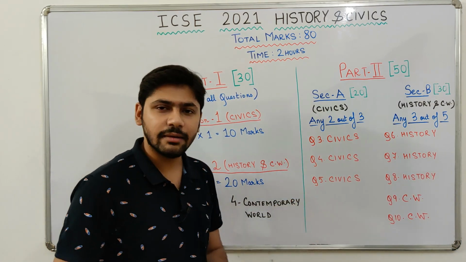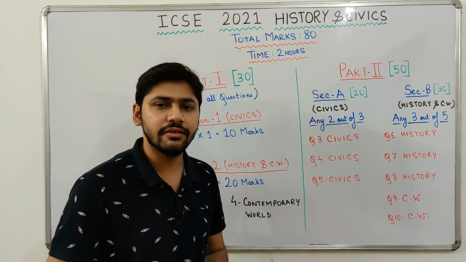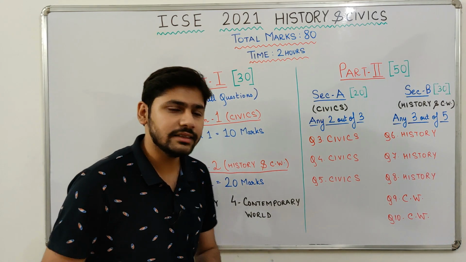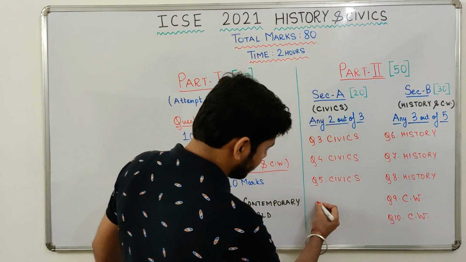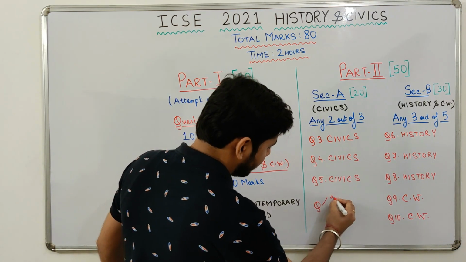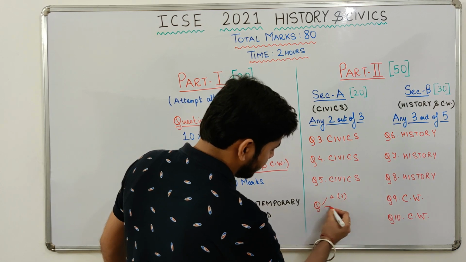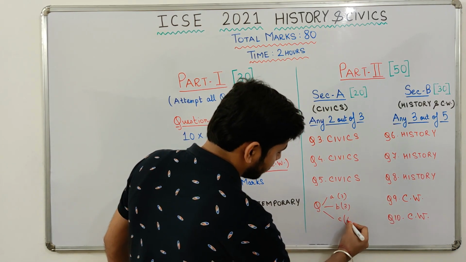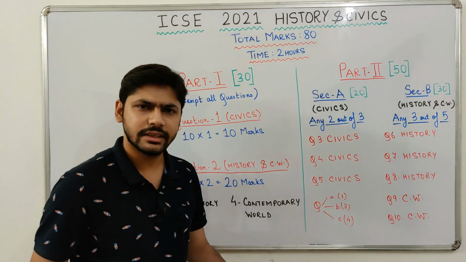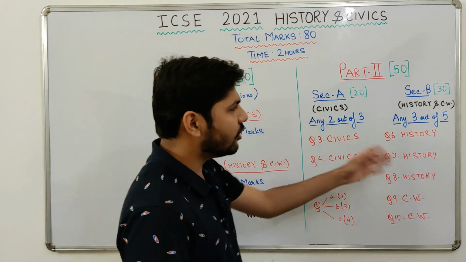All the questions are of 10 marks each, so 10 into 2 will give you 20 marks. What is the subdivision? For each question, the subdivision will be A, 3 marks, B, 3 marks, and C, 4 marks. Simple.